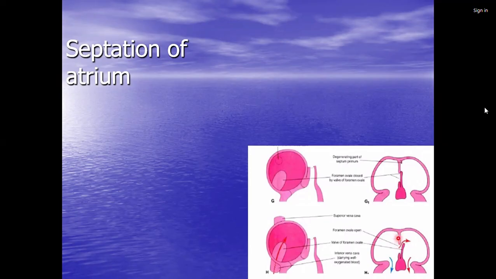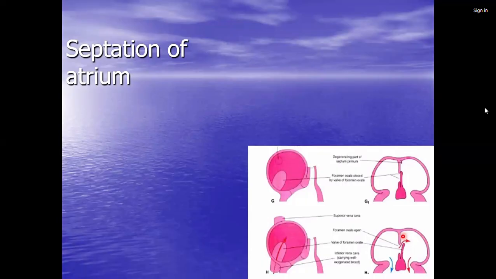A second septum developing, septum secundum, which grows towards the atrioventricular canal. But like we said, just before the septum primum reaches the atrioventricular canal, there is hollowing of blood in the upper part of the septum primum. And that hollowing will have created ostium primum.